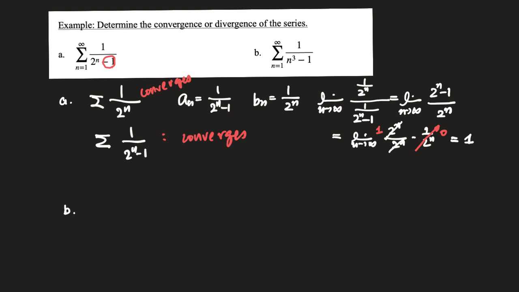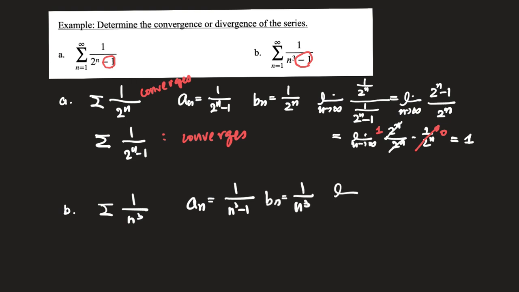Let's go to the second one. What are you thinking about this one? Same thing. This is minus 1. So you want to compare this one with 1 over n cubed. But we cannot do the direct comparison test, as we discussed in the previous slides. So a_n is gonna be 1 over n cubed minus 1. b_n is gonna be 1 over n cubed.